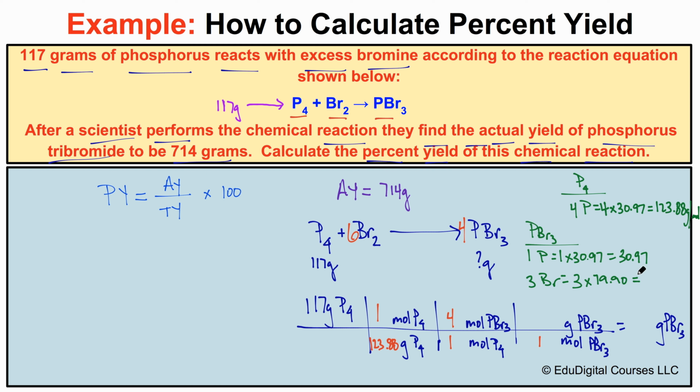And this is going to give us 239.7 or 239.70. And when we add these together, we're going to end up with 270.67 grams per mole. So we know 1 mole of PBr3 is 270.67 grams of PBr3.